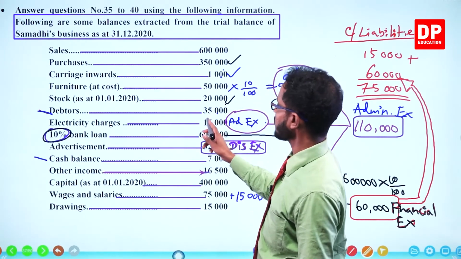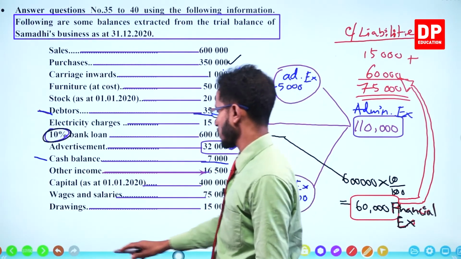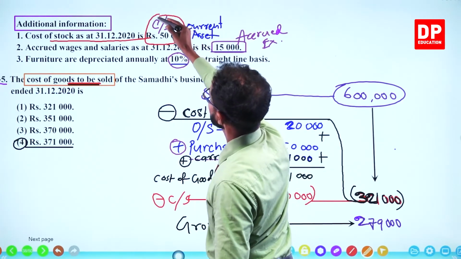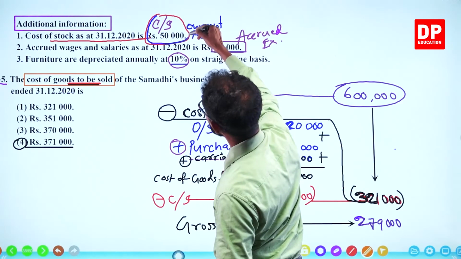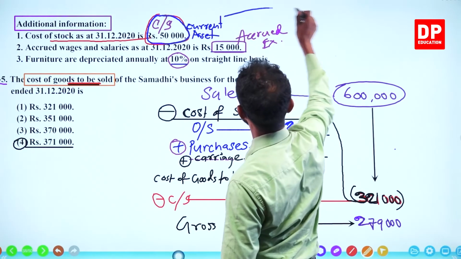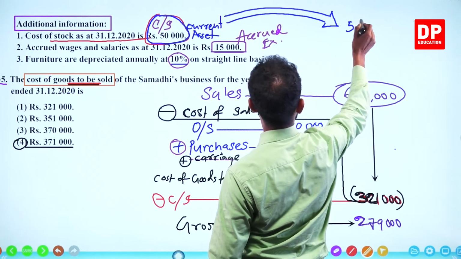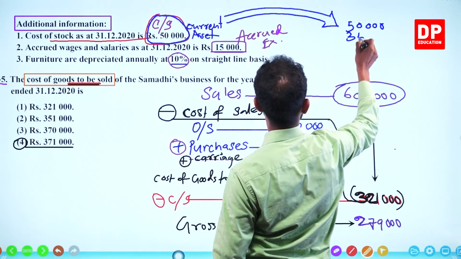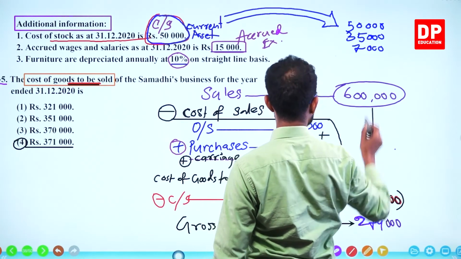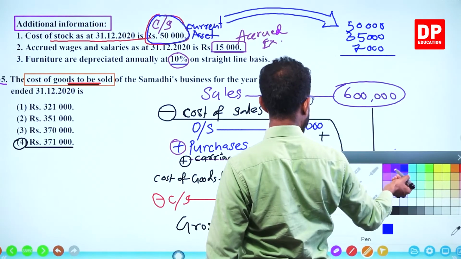So let's take debtors 35,000 and let's take cash 7,000. 50,000, 35,000, 7,000. These are the current assets of the business.